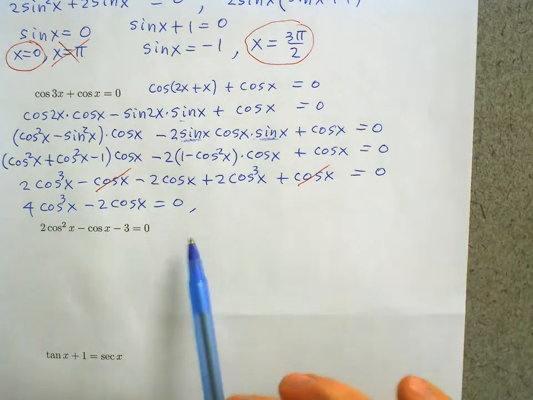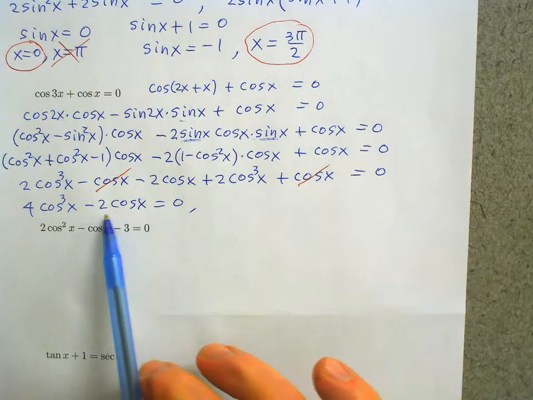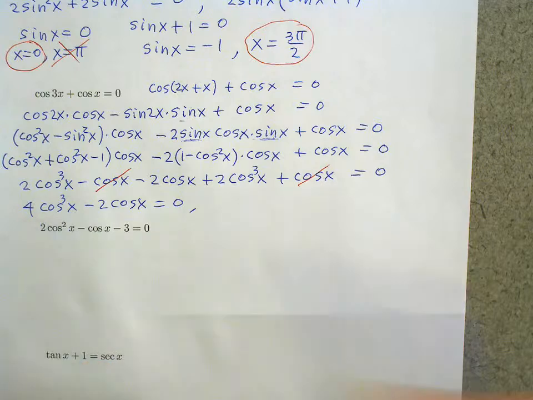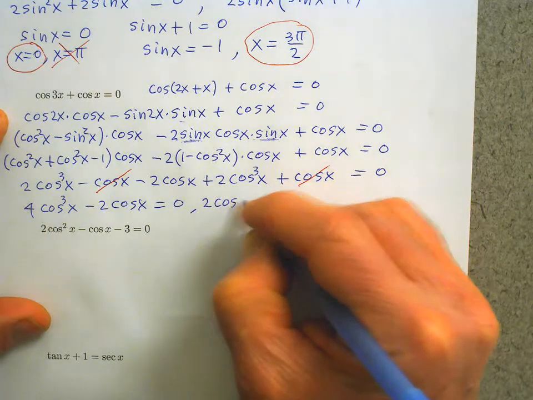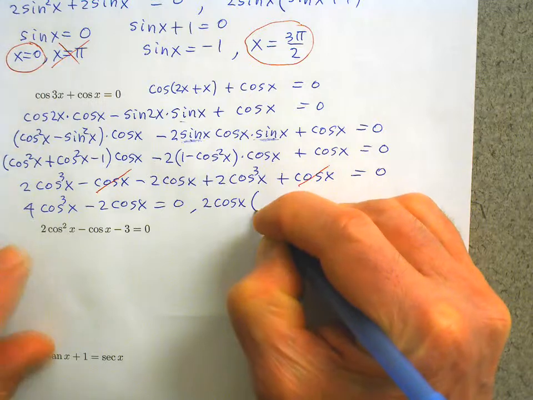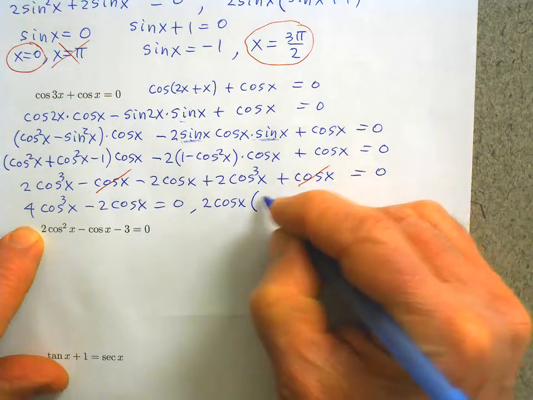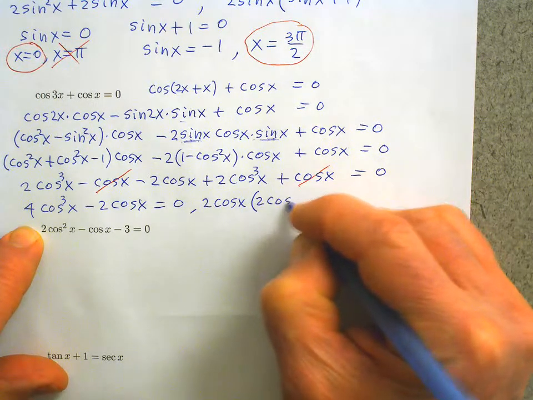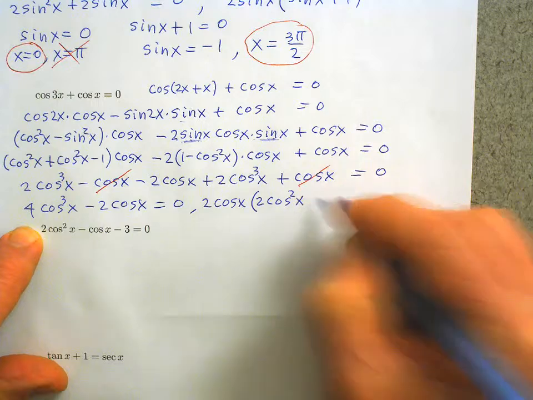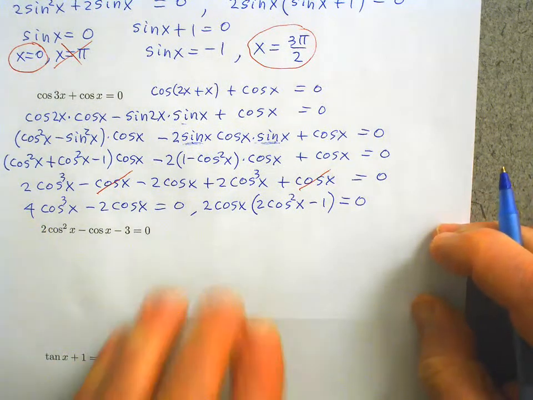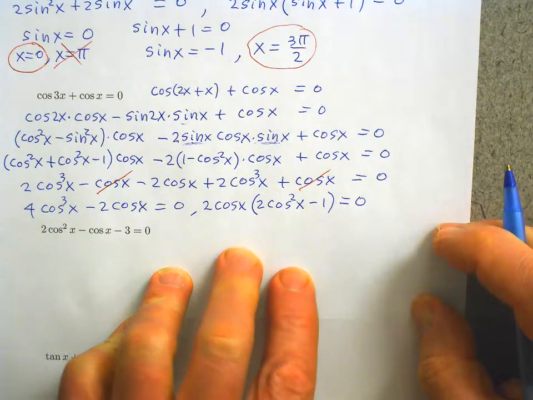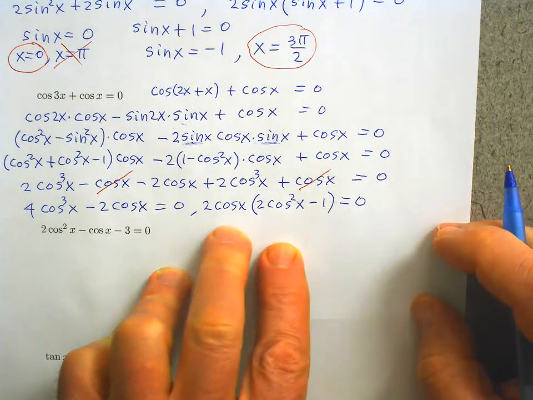So now let's factor 2 times cosine of x out of each of those terms. So we get 2 times cosine of x, and then we're left with 2 cosine of x squared minus 1 equals 0. So now we're getting somewhere.